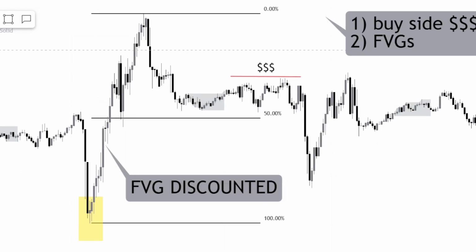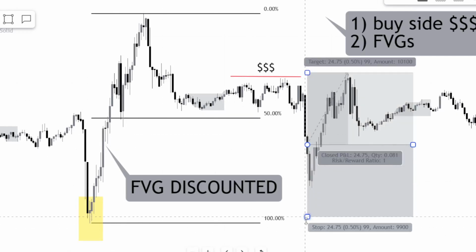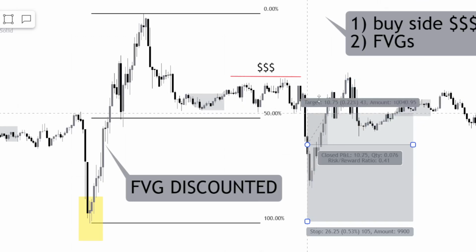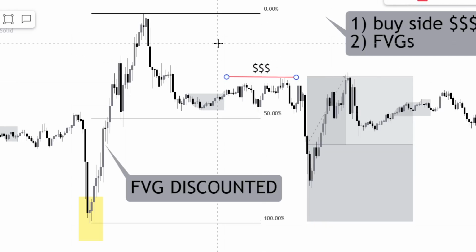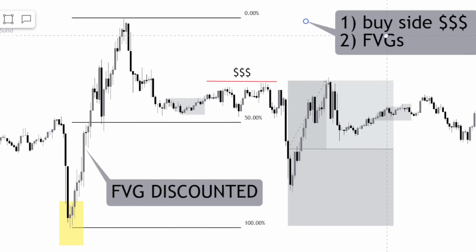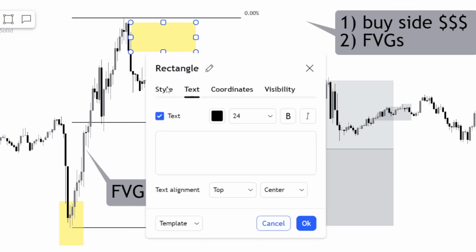So what we see over here is that when price does eventually trade from this fair value gap, it has a reason to seek higher prices, right? Because we have liquidity over here. These are equal highs, which represent buy side liquidity. Now, the second reason why price would move up is because we have a fair value gap over here. So this is a fair value gap, not a POI that we want to be looking to sell off. That would be incorrect.